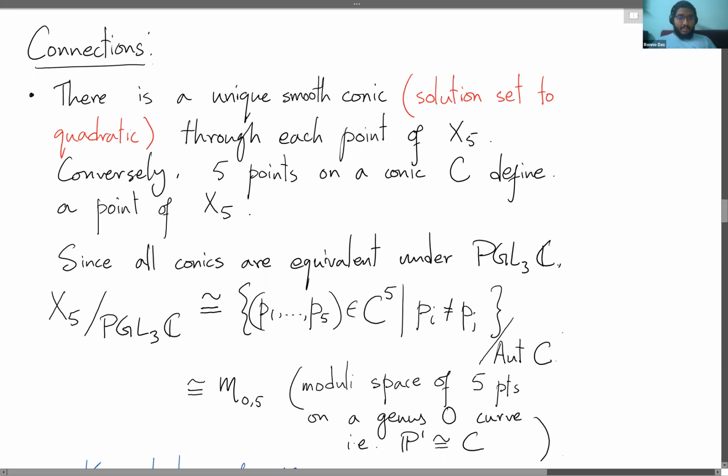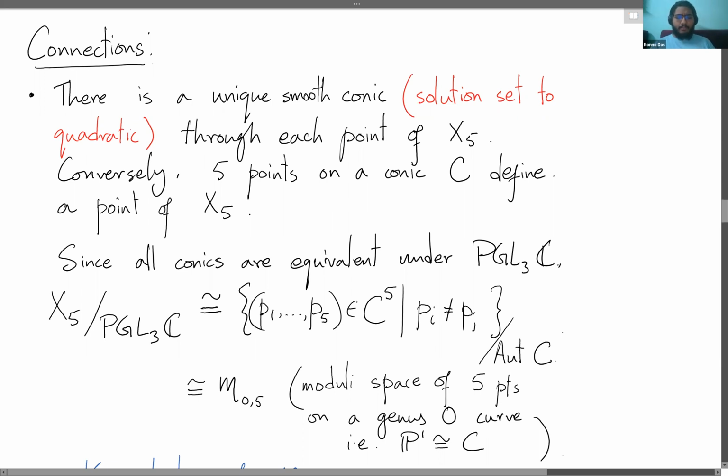Okay, so if you look at x5, that's the choice of 5 points so that no 3 are collinear. It's maybe the first result of this type that one learns, that there's a unique smooth conic section passing through any such choice of 5 points.